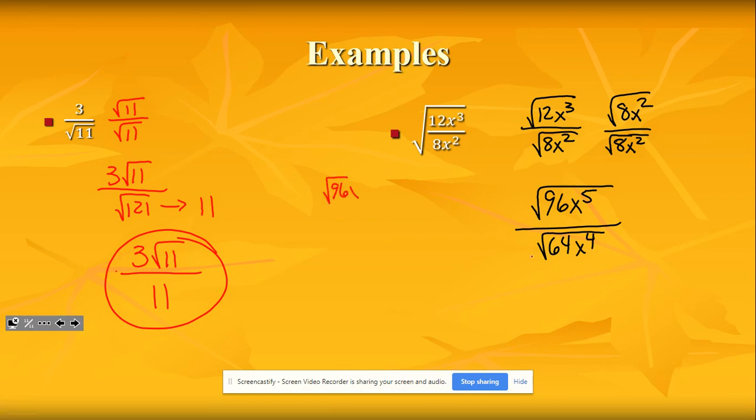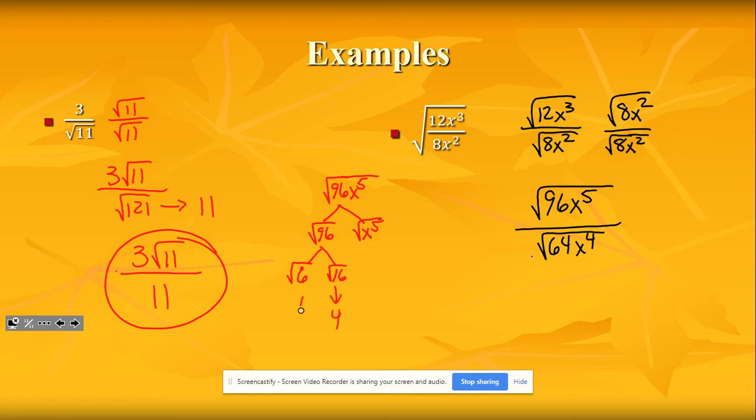Radical 96x to the fifth. We break it up into the number and the variable first. Radical 96 can be simplified into radical 6 and radical 16. Radical 16 is 4.